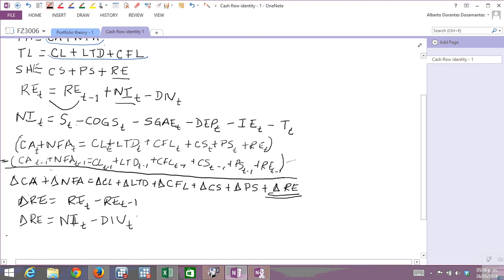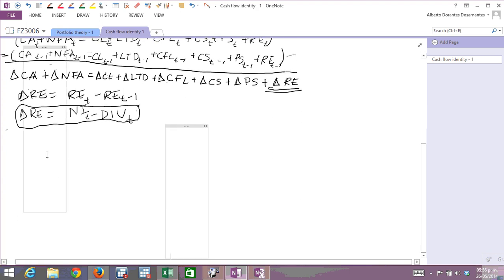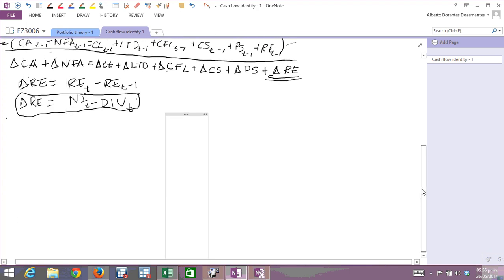Basically this is net income at time t minus dividends, and this is the difference of retained earnings. Okay, I'm going to keep that in mind. Then I'm going to go down a little bit more, and here I'm going to continue working on the identity.